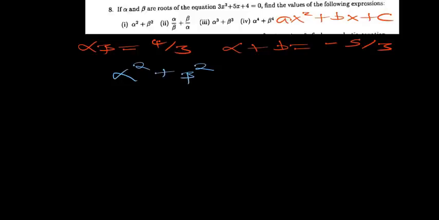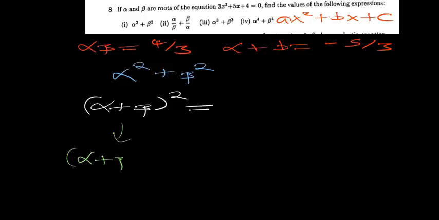So the shortest way we can think of this is we know that there is a term, alpha plus beta squared. If you expand this, it means alpha plus beta multiplied by alpha plus beta. So if you want, you can actually use binomial even from the start to expand this.